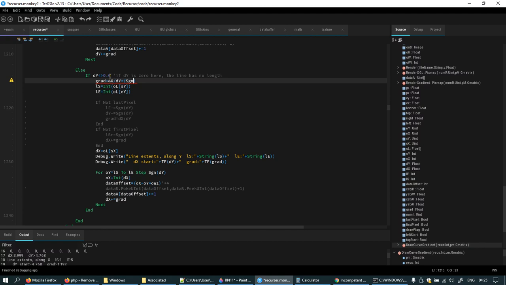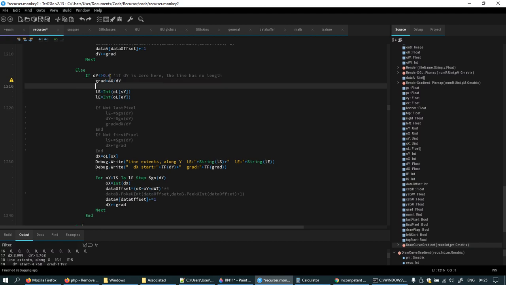But I just don't know if I'm going to. This is one of these situations where I'm doing so many little choices in all of the code that's getting to this point. If dy is less than 0.0, grad times equals -1.0.